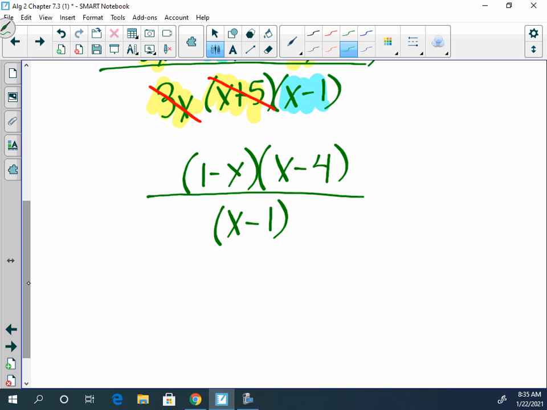Now, it's really kind of strange that 1 minus x and x minus 1 are really close, aren't they? But the difference is the signs are flipped, yes? I mean, if there was a way that I could switch the signs, kind of pull something out that would change the signs of both of them, we could eliminate that, couldn't we? Is there a number that we could pull out of 1 minus x and get the signs to flip?